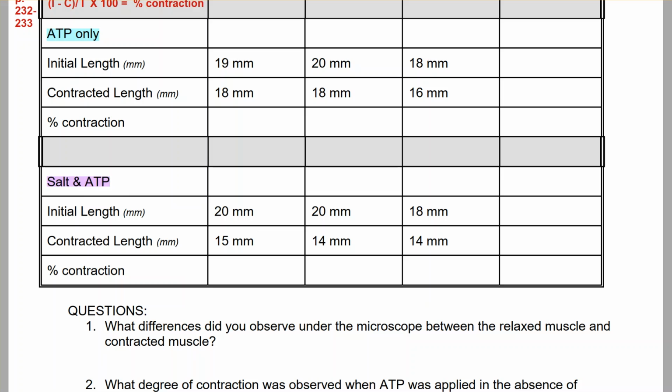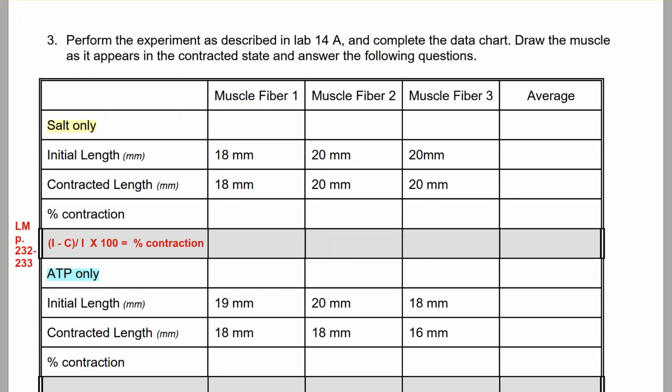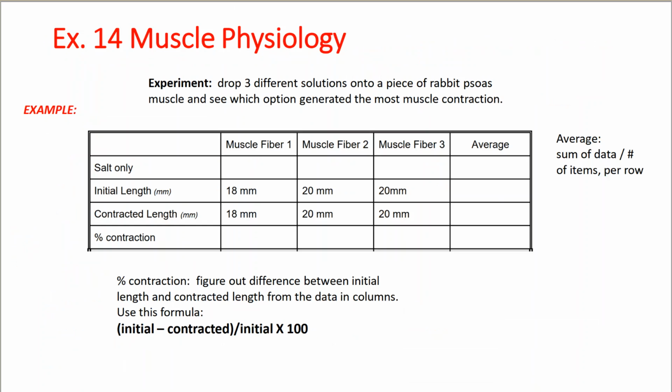And so what you have to do is average the rows across to find an average, and then you're going to be finding the percent contraction. And so you can look in your book, I think it's page 233 in your lab manual. We'll talk about the 233 muscle fiber contraction experiment.